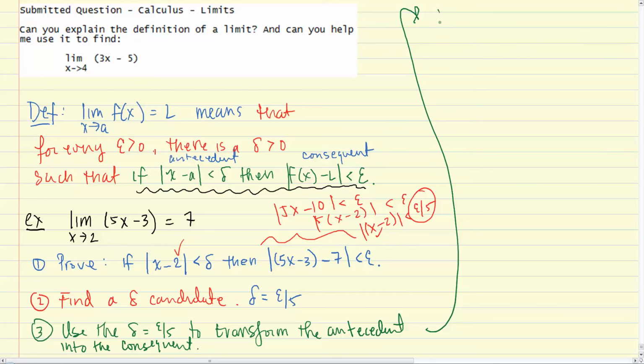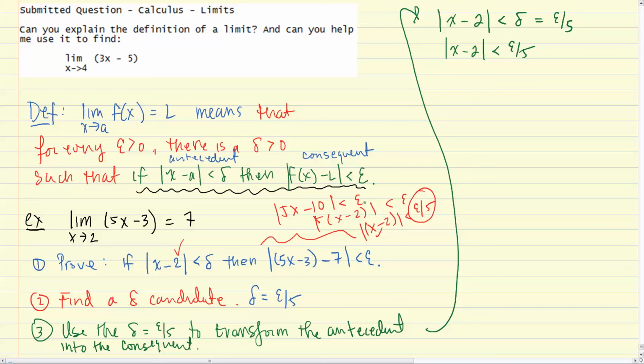So we have the absolute value of x minus 2 is less than delta, which is equal to epsilon over 5. So the absolute value of x minus 2 is less than epsilon over 5.